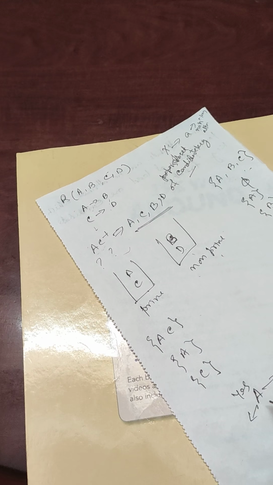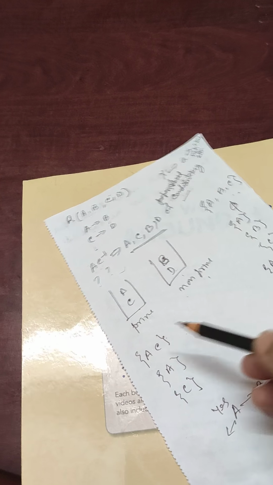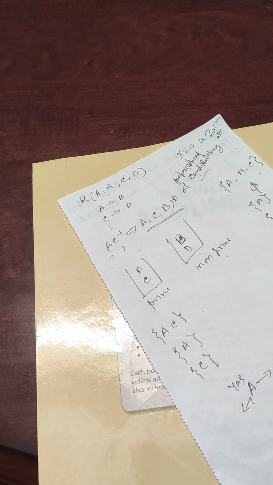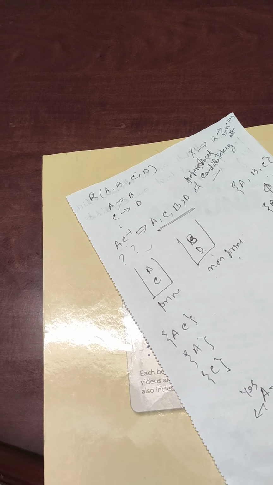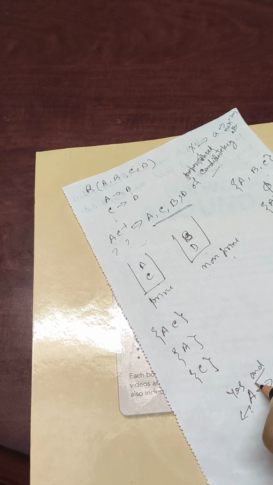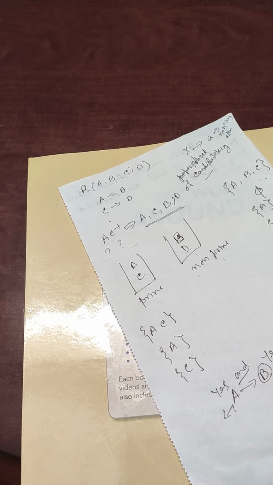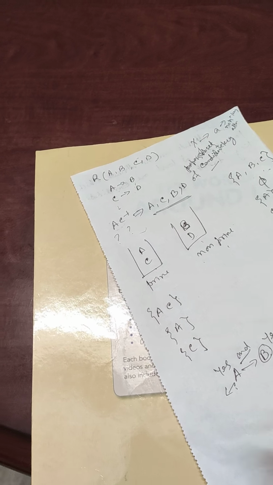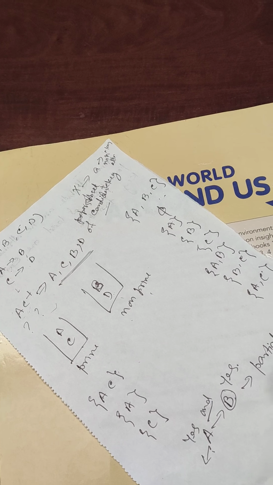So here A determines B. Here A is a proper subset of the candidate key. Yes. And B is a non-prime attribute. Yes. Both conditions are satisfied. So here partial dependency exists.